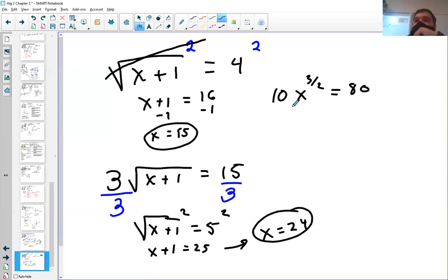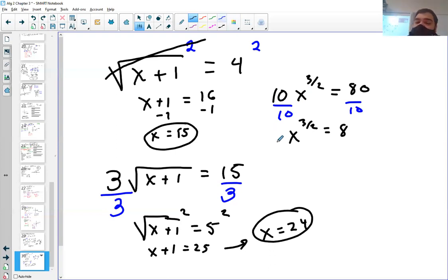Not yet. First you divide by 10. Yes, this is 10 times that. If it looked like this, you would do the 2/3 first, but not in this case. You're going to do 10 divided by 10 first. Well, yeah, actually. X to the 3 halves equals 8.